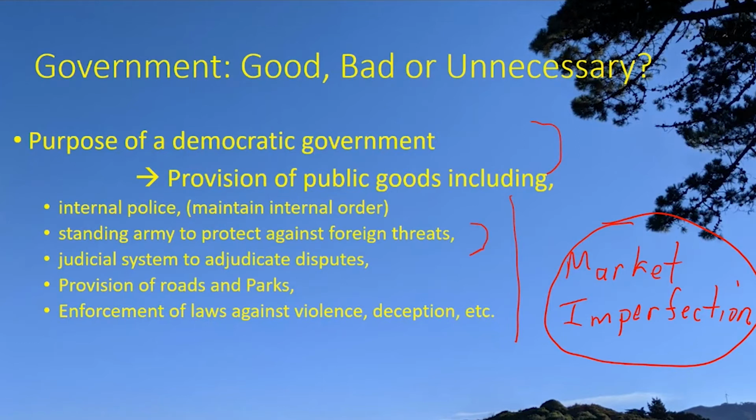But we also have to maintain our national defense against foreign enemies that might be tempted to invade the country, take over our system, eliminate the freedoms that we have, and so forth. National security or national defense also has these characteristics of public goods, non-excludability and non-rivalry. And so it makes some sense for it to be provided by a government.